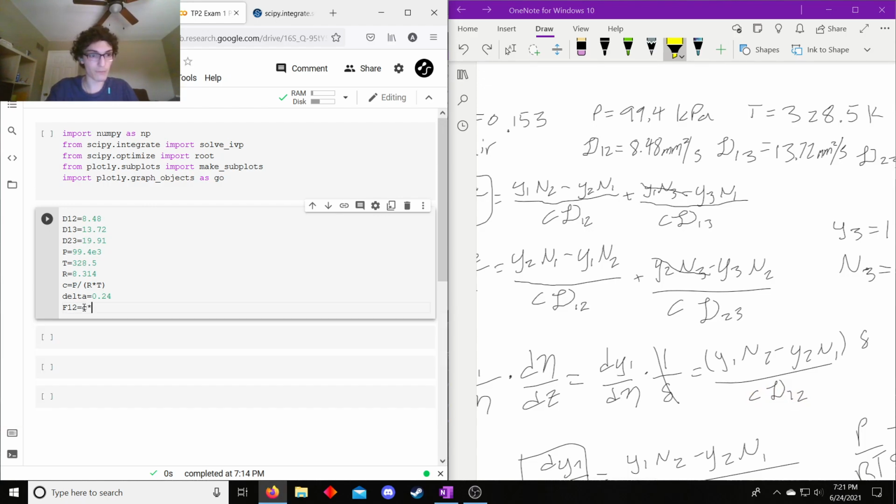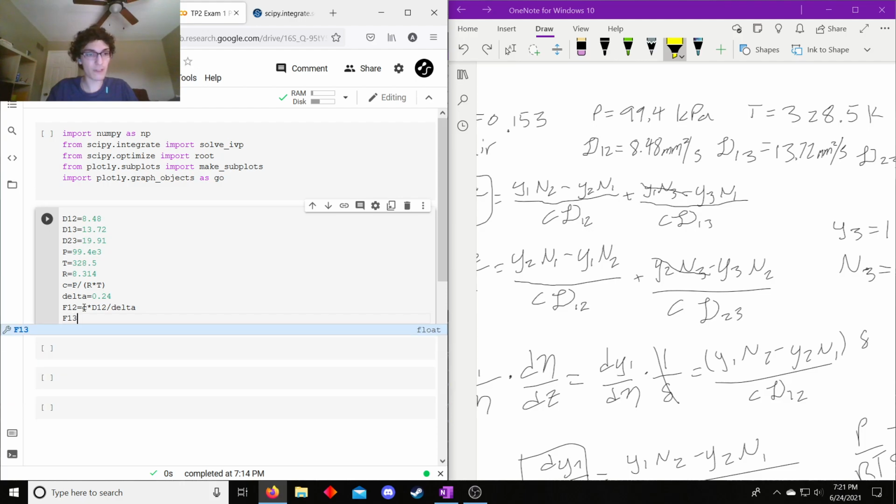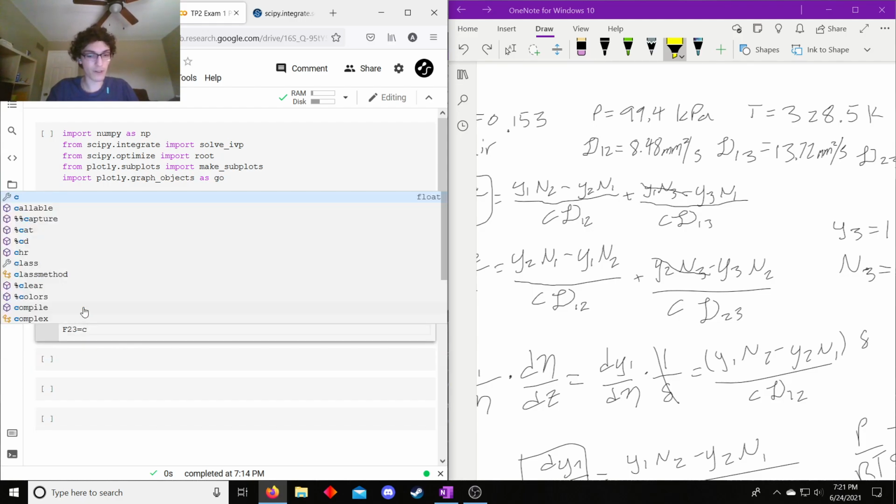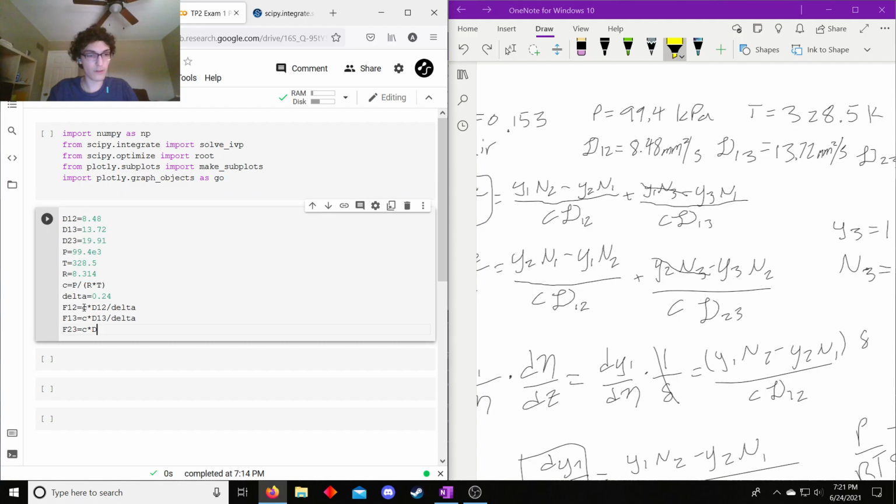So it's going to be concentration times the Stefan-Maxwell coefficient between 1 and 2 divided by delta. We're going to do the same thing for 1 and 3. And then finally, we have concentration times the coefficient for 2 and 3 divided by delta.